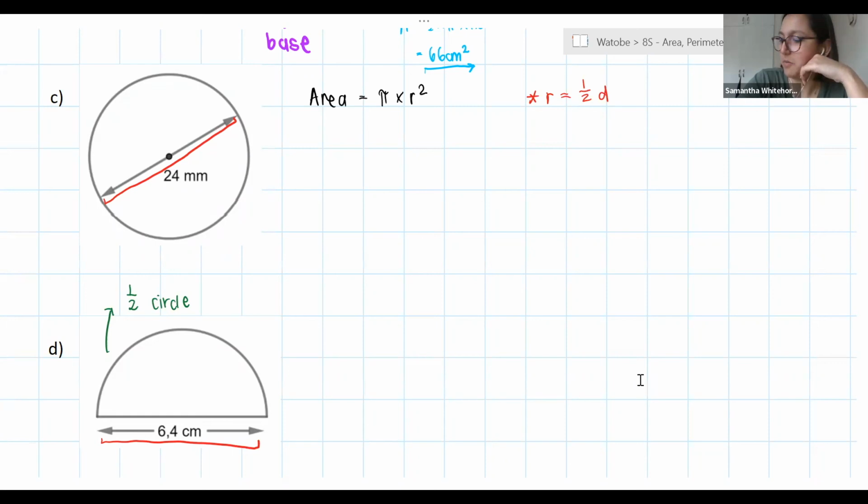I'm seeing some promising answers. Again, guys, I would round off to 2 decimal places. That's generally what we do. Okay, I'm going to give you another minute.